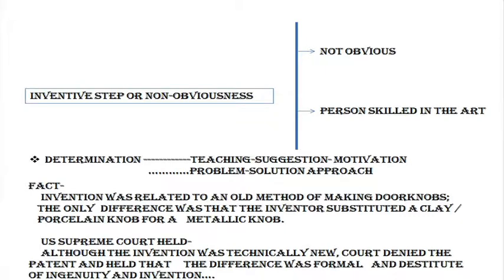So, D1 plus D2 generates D3 as an invention. If any other person in that field can also club D1 and D2 to generate D3, then D3 will not qualify to be a patentable invention. But for considering novelty, all the features of the invention should be available in a single document.